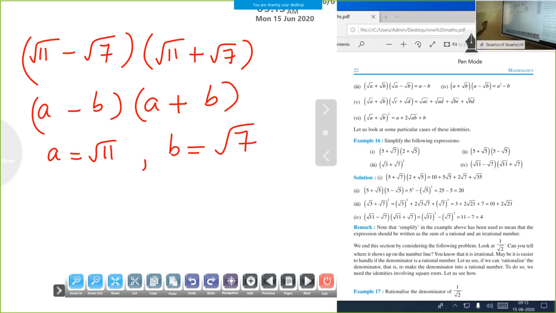Now what is the value of (a − b)(a + b)? We know it is a² − b².